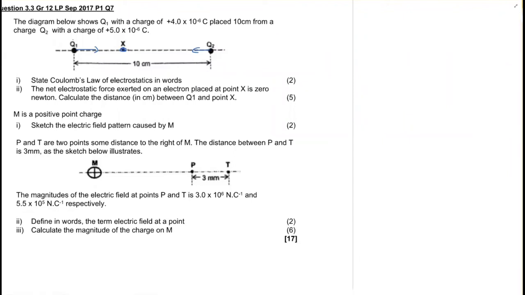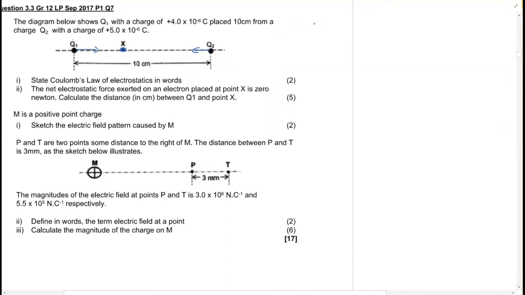So there is 0 field at X. So if you put an electron at point X, it also experiences 0 force. Think about that. If there is no field at point X, there is no force experienced at point X. So the 2 fields are equal to each other at that point, or the 2 forces experienced by the electron are equal at that point.